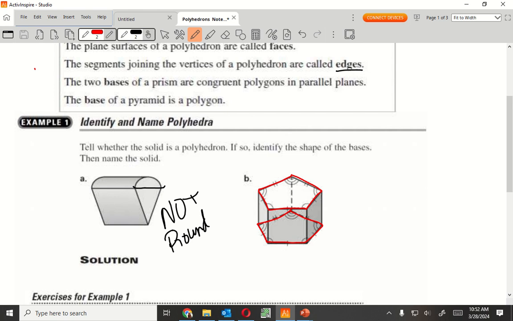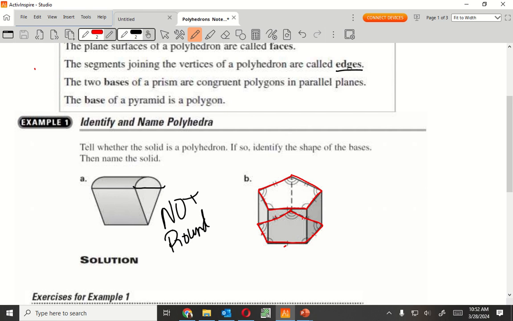So is this one 8 though? No. How many sides does the polygon have? 5. 1, 2, 3, 4, 5, right? Okay. The base has 5 sides. That is a penta. That is a pentagon.